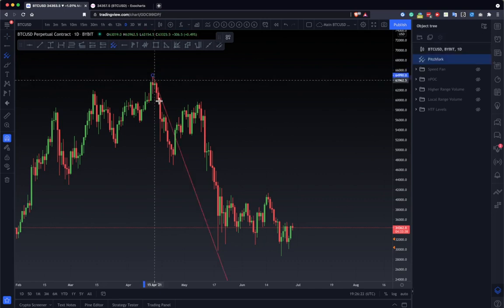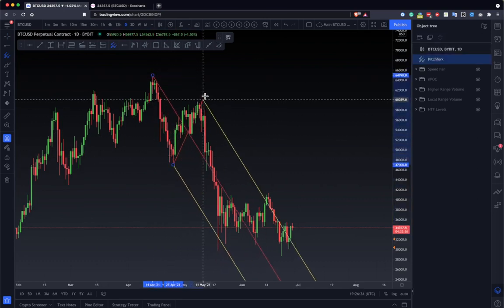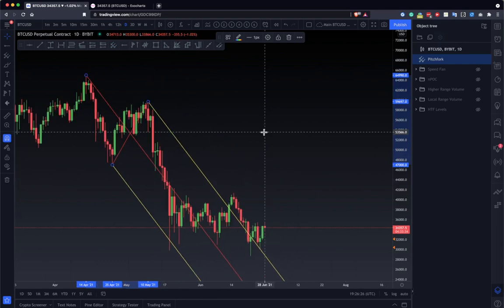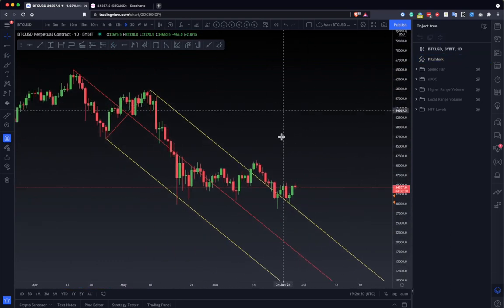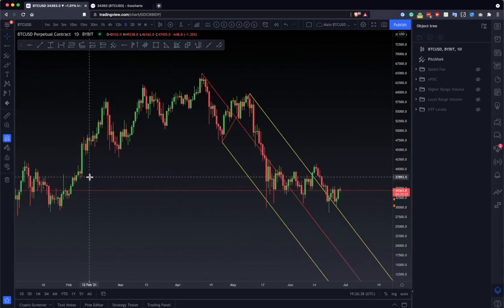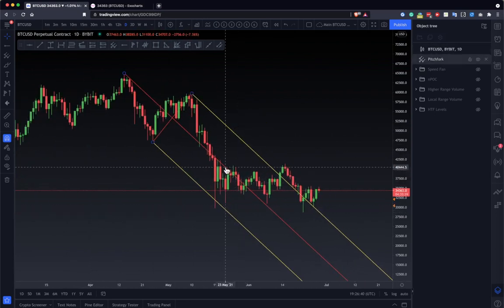I have the pitchfork here, here, and here. So this was a good pitchfork when we were in the range. Now it's not very helpful anymore. The nice short here.